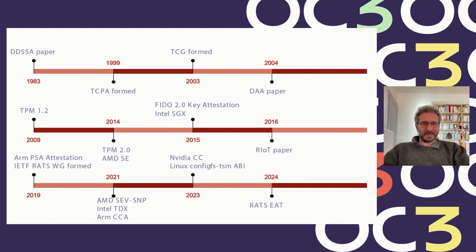Then the 2010s, where attestation is driven by confidential computing use cases, now with new hardware architectures that natively provide their own RTRs. And finally, the 2020s, that's where we are now, and we see attestation becoming more and more mature. We see the emergence of standardization in network protocols as well as in system interfaces, which is a clear sign of coming of age.